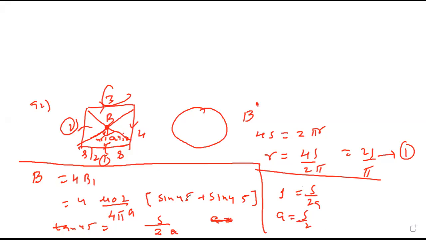Then substituting in this you will get the required answer. Circular coil, so formula you know, mu naught I upon 2r. So shall I go to the next one? Should I solve it further?